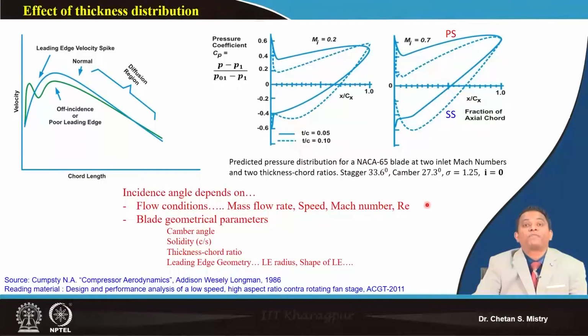Okay, how my flow behaves on my suction surface and how it behaves on my pressure surface basically gives us an idea of what is happening in the diffusion process. This incidence angle also depends on my camber angle, on my solidity, and on the thickness to chord ratio.